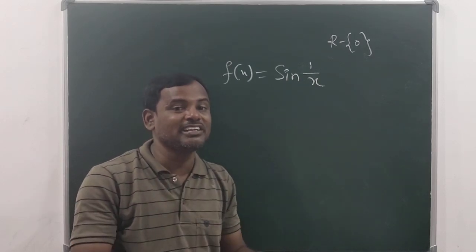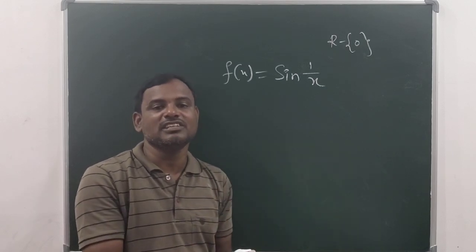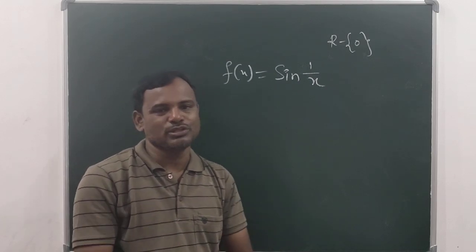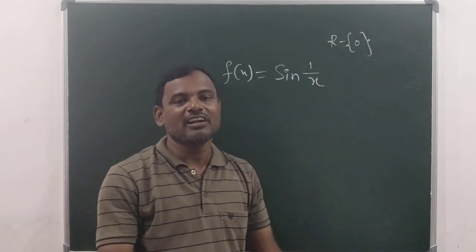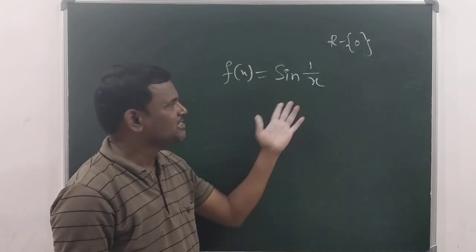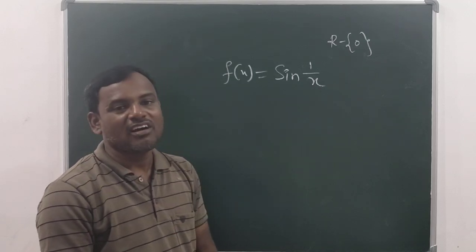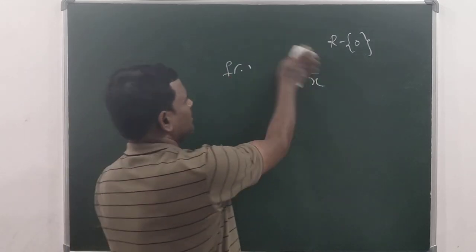Hence, this type of function also comes under discontinuous only, because we are not giving an exact limit value. Hence, this is called an example for oscillatory discontinuity. Okay, right.